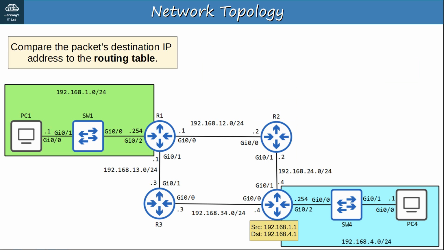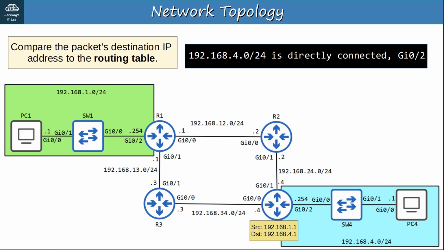Now R4 has the packet, and it is R4's responsibility to forward the packet to the next device. It will follow the same process as both R1 and R2. It will compare the packet's destination IP address to the routing table. In R4's case, the entry in the table will look something like this. 192.168.4.0/24 is directly connected, G0/2.